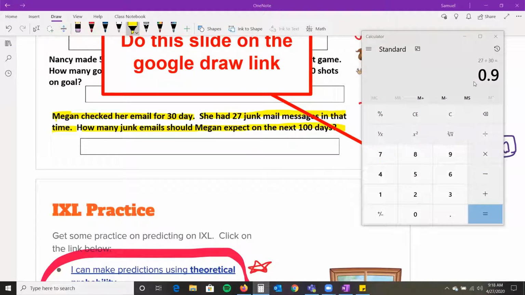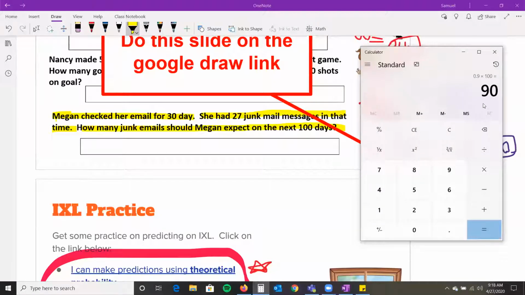So then we say, okay, she's got about 0.9 messages per day. And then you're going to multiply by the number of days. So now we multiply it by how many are coming in the future. So it should be about 90 emails.